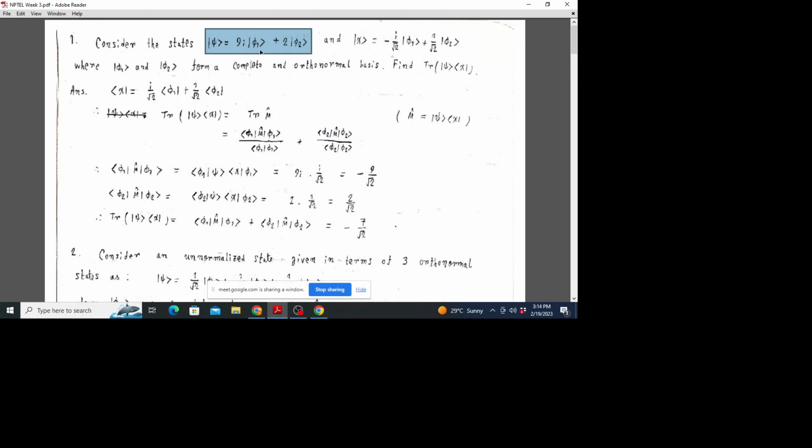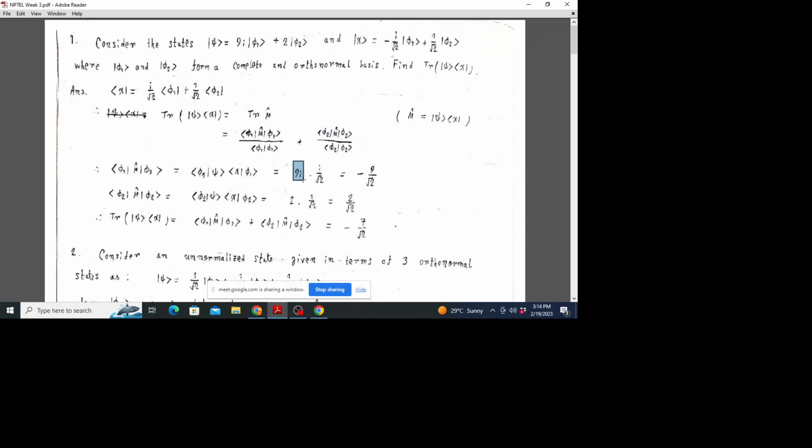That means the inner product between phi 1 and phi 2 is 0, and you are only left with the inner product between phi 1 and phi 1, which is 1 because phi 1 is already normalized. So this inner product of phi 1 with psi gives you the answer 9i.